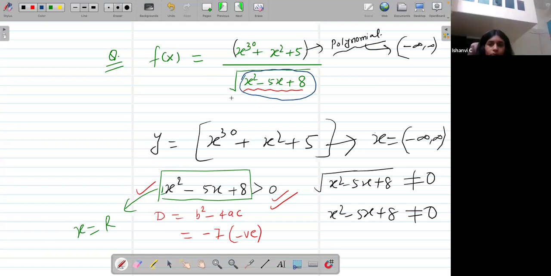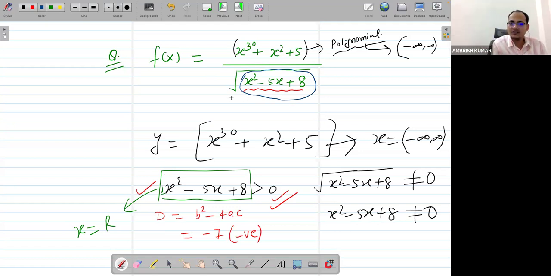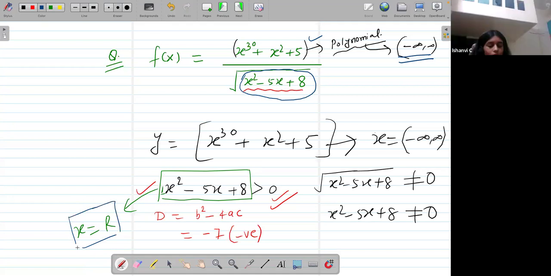That is the only thing that we need to solve for. For the numerator, we can have x as anything. For the denominator also, you can have x as anything. So overall, x could be anything. Finally, this is the final answer.